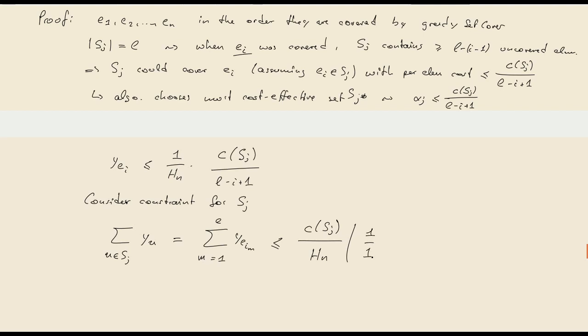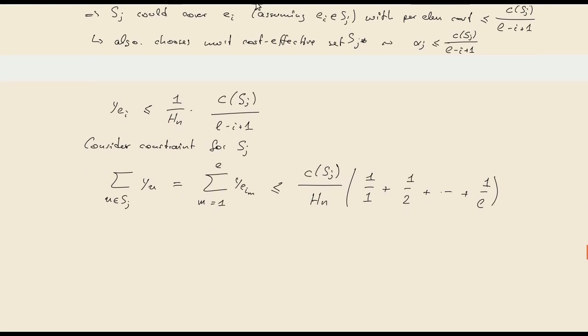Then for the last element, this might be the last, so this is just 1. And that might be the second to last, up to 1 over L. That's the worst that can happen for these sets.